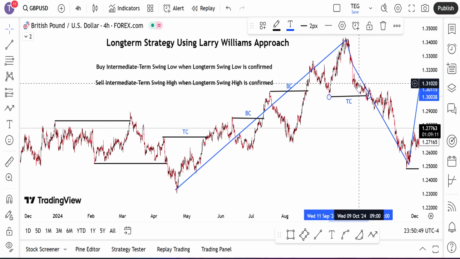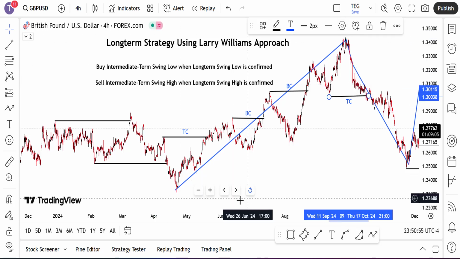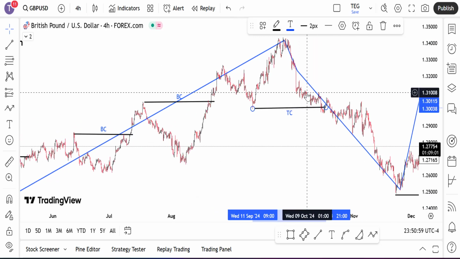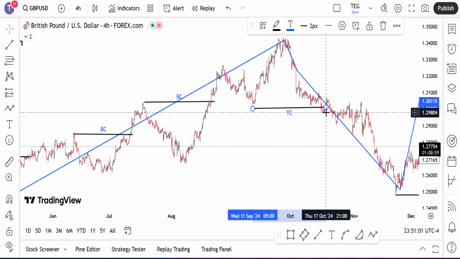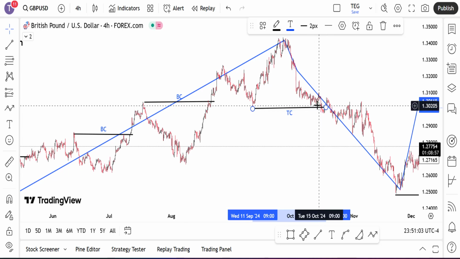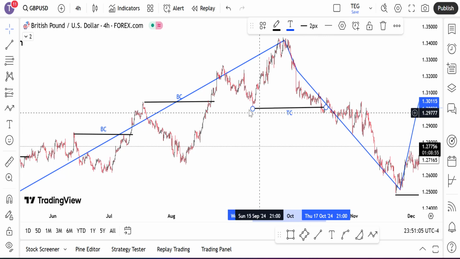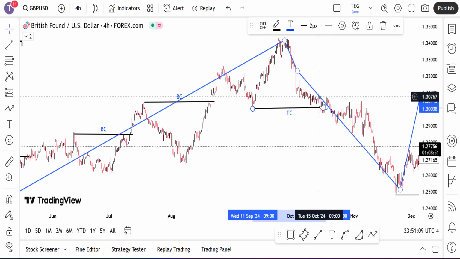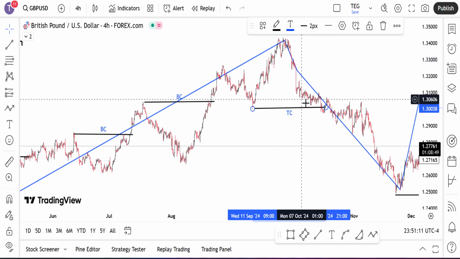Remember, price takes out these short-term swings over here, and if we zoom further, what happened? Price takes out our short-term swing. It creates a series. It takes out our swing low here at our intermittent swing. So this is our long-term swing high from henceforth.